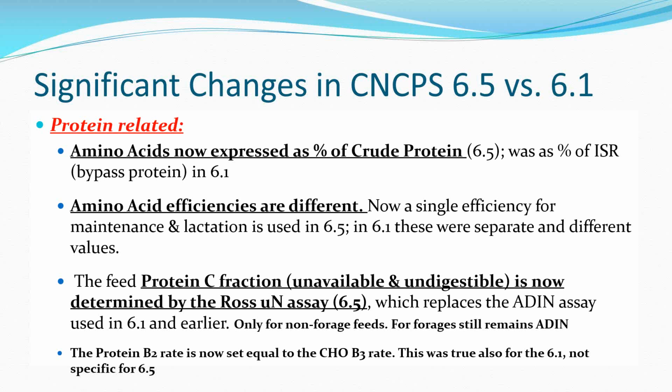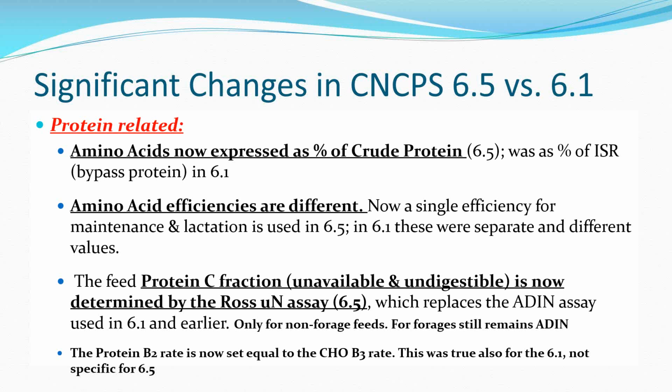And historically, the model has applied one efficiency for the maintenance functions and one efficiency for lactation. In 6.5, these two functions are now combined as far as the efficiencies go, and a combined efficiency will be used for the amino acids, whether they are used for maintenance or lactation. It's all one efficiency now.